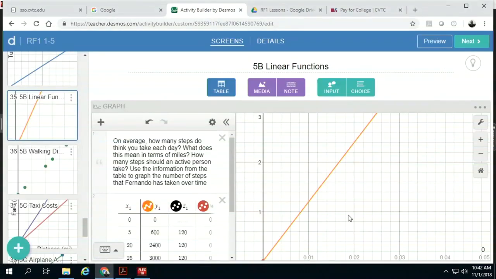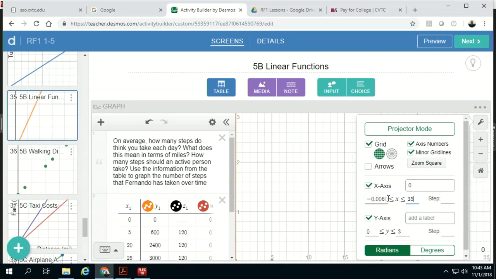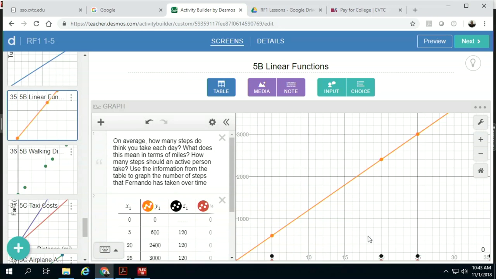Let's look at the graph. I'm going to go out to 0 to 35 minutes, and I'm going to go from 0 to 3,500 steps, that'll be good enough.